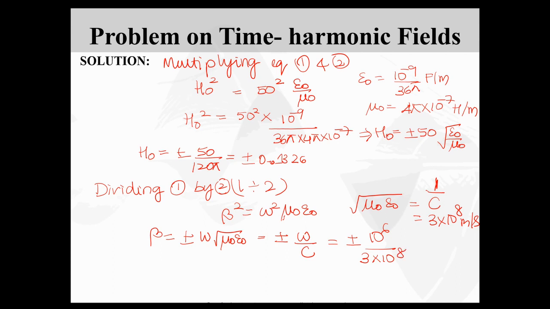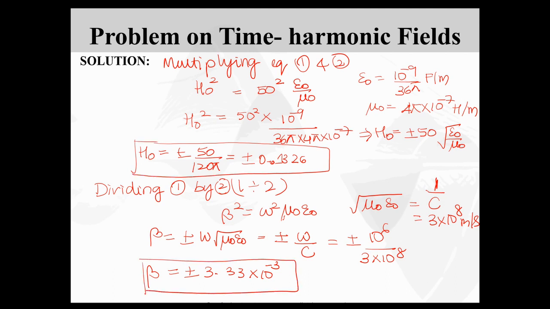By finding the value, we get the beta value as 3.333 into 10 power minus 3 as the answer. So now we have found out the values of h naught and also beta. So under the root mu naught into epsilon naught will give us the inverse of c, where the c value is 3 into 10 power 8 meters per second.